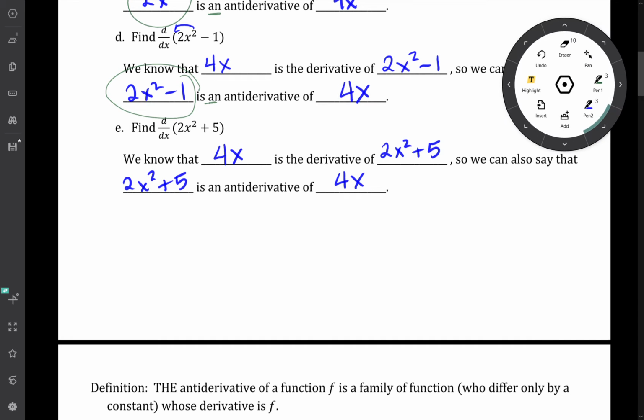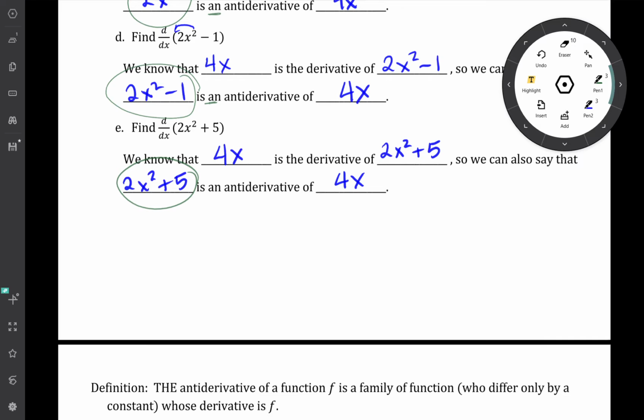Okay, so basically what we've done here is picked out one function in each of these that's an antiderivative. If we want to give a little bit more complete answer, give the full story, what we're going to have to do, and you can see this definition on the top of the next page, is actually allow for that constant that disappears when you take the derivative.